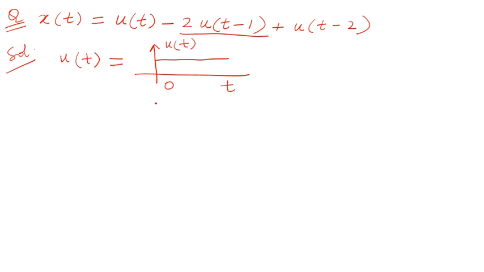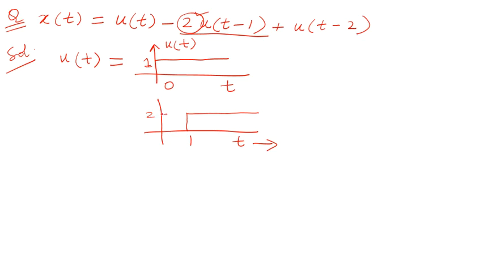So you can draw t minus 1, which will obviously be the shifted signal of this unit step. It will be something like this, but there is one more thing, that the amplitude is also multiplied by 2. A normal unit step signal, if it is given in the problem, will have the magnitude equal to 1, but in this problem the amplitude is 2.